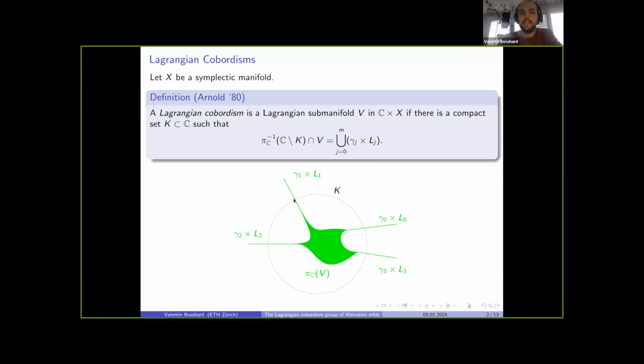So this means that, for example, here we have a ray in C times L1. So this would be gamma 1, and over each point here on this ray, we have a copy of this Lagrangian L1 in our symplectic manifold X. So this L0, L1, L2, L3 in this case, we call them the ends of this Lagrangian cobordism.